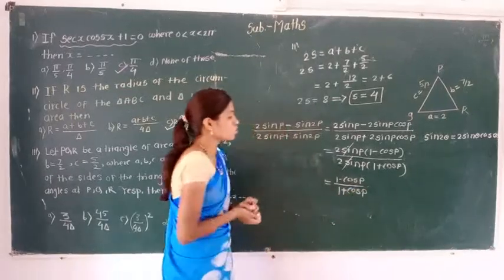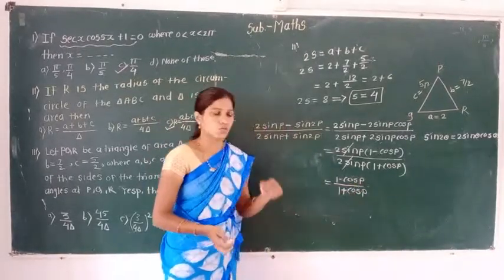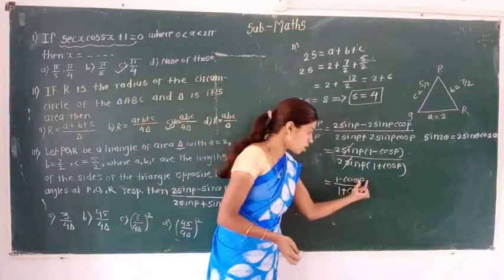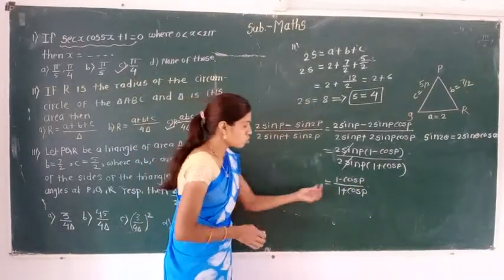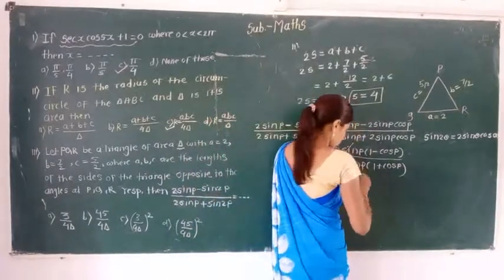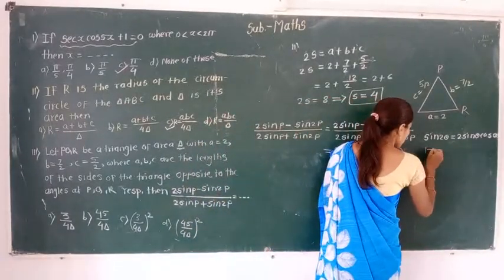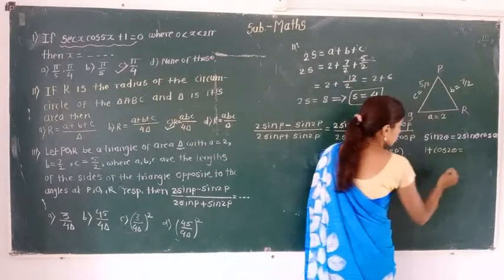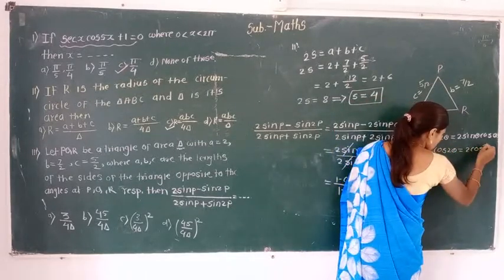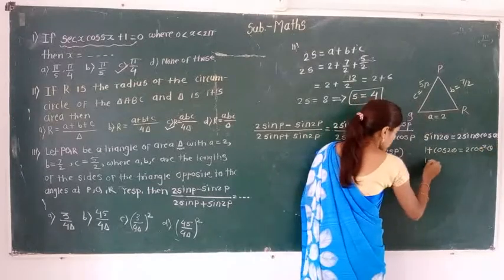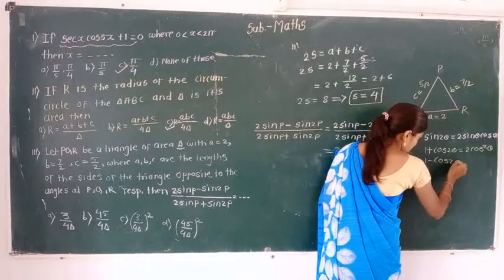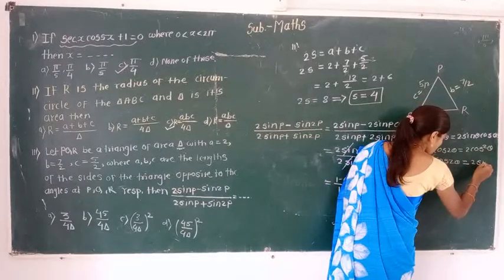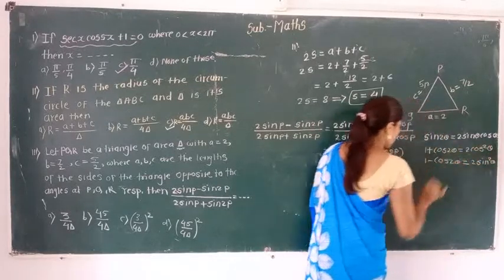So also we will transform p to the half angle. Now we know the half angle for angle p is p by 2. So use the formulas: we know that 1 plus cos 2 theta we can write as 2 cos square theta, and 1 minus cos 2 theta is 2 sin square theta. These are the double angle formulas.